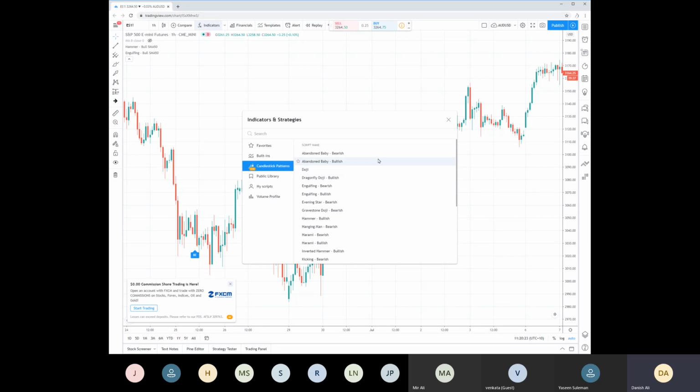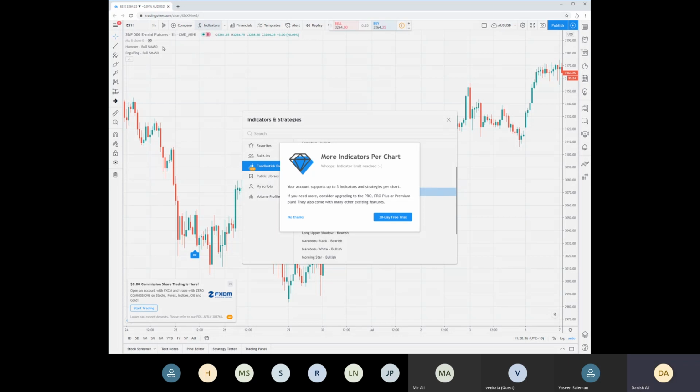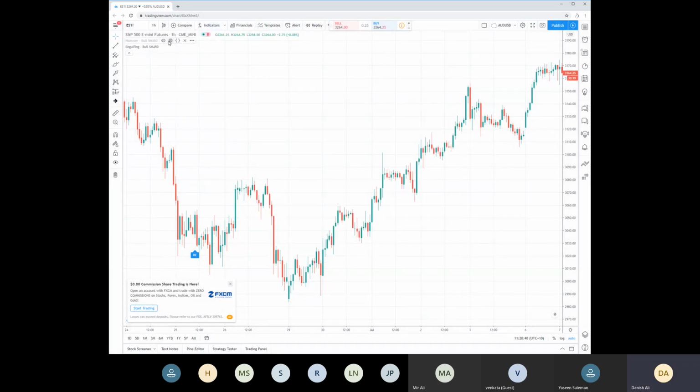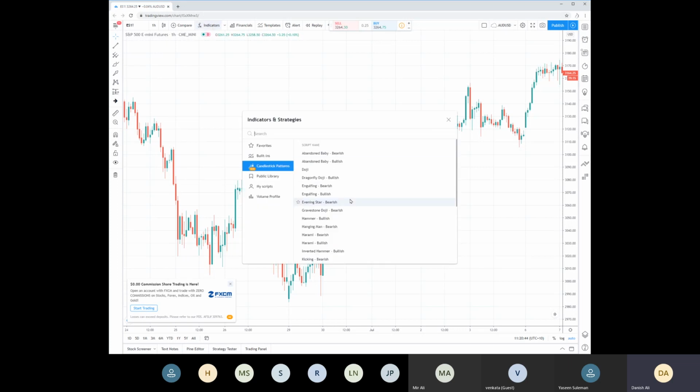So you can always identify candlestick patterns here. Let's say bullish harami. Again, let me delete. This is the only catch here, that with a free account, you can put only 3 indicators.